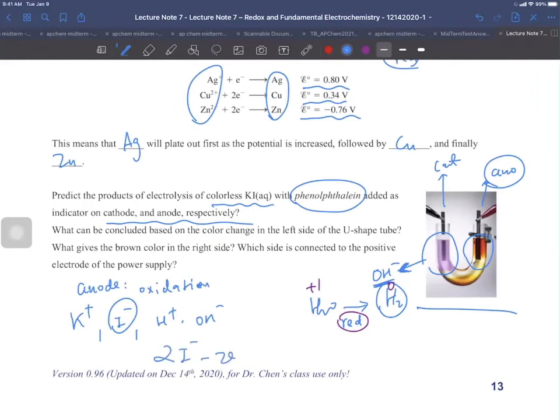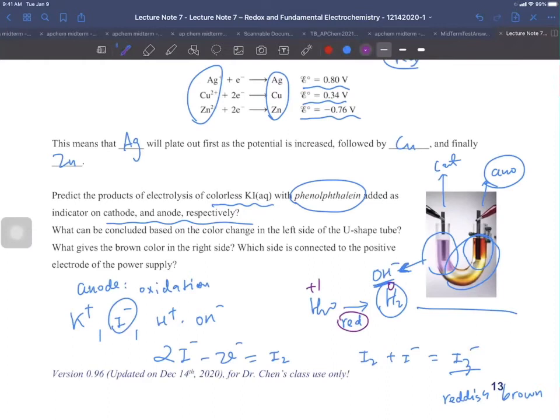The I- loses 2 electrons and changes into I2, and I2 has color, right? That is the only species which might have color in the system. Actually, this reddish brown stuff is not just I2, it's I2 bound with some excess I minus, turned into triiodide. So this is the reddish brown stuff.